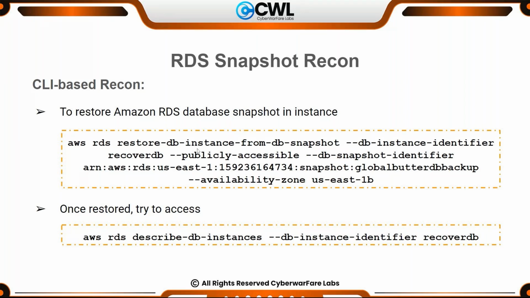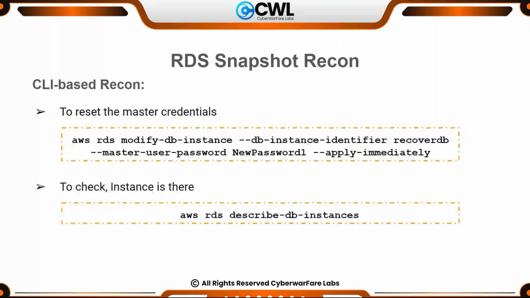The restore-db-instance-from-db-snapshot is the main field here, which will be doing all the work, and the --publicly-accessible flag indicates that the restored database instance should be publicly accessible. The second command is used to access the database we just recovered now. So through this we can recover the database into our account.